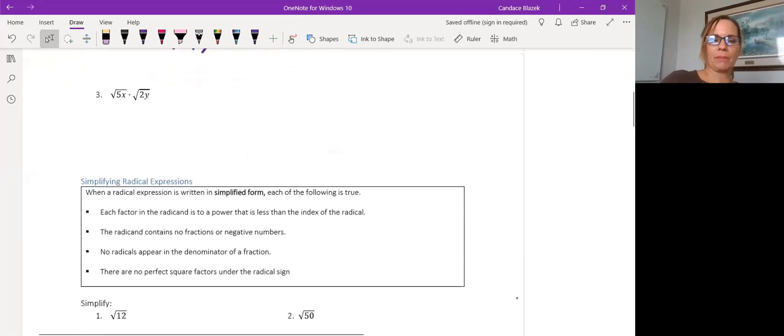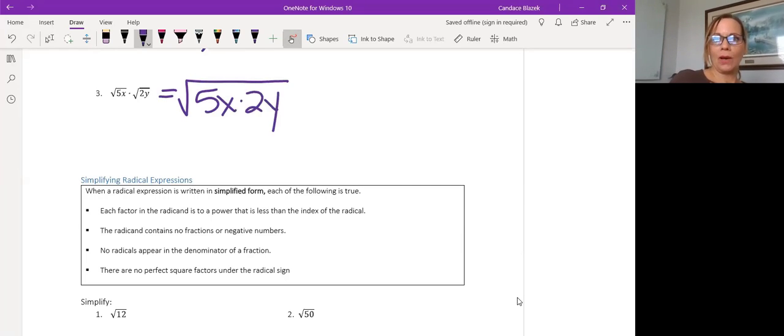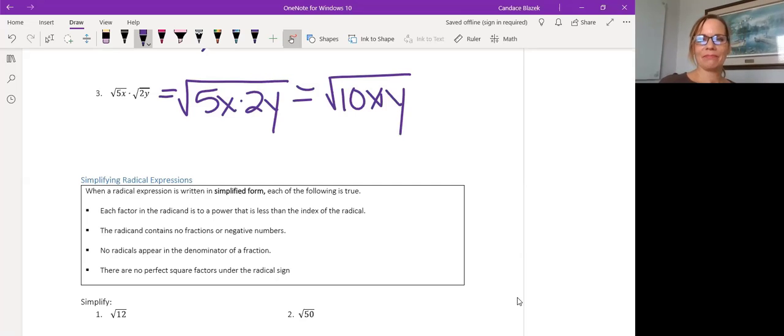For number 3, the square root of 5x times the square root of 2y is the square root of 5x times 2y, which equals the square root of 10xy. All right, so we can do that for division and multiplication. We cannot do that for addition or subtraction.